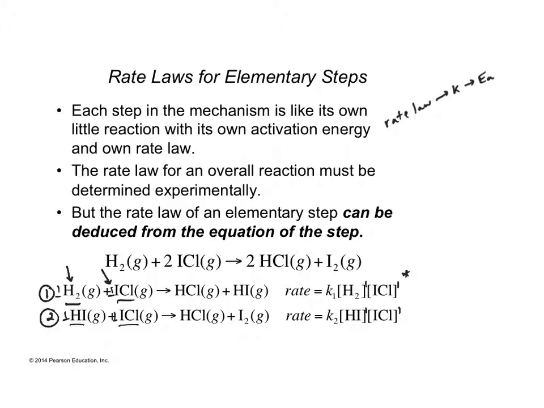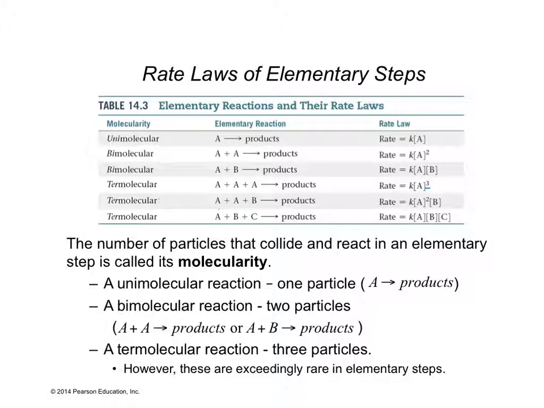Okay, so what these rate laws are going to tell us is something called the molecularity of the reactions. This is a little vocabulary word that you should know, okay? What we mean by molecularity is we are saying in each elementary step how many things have to collide, okay? If you only need one thing to collide, we call this a unimolecular reaction.